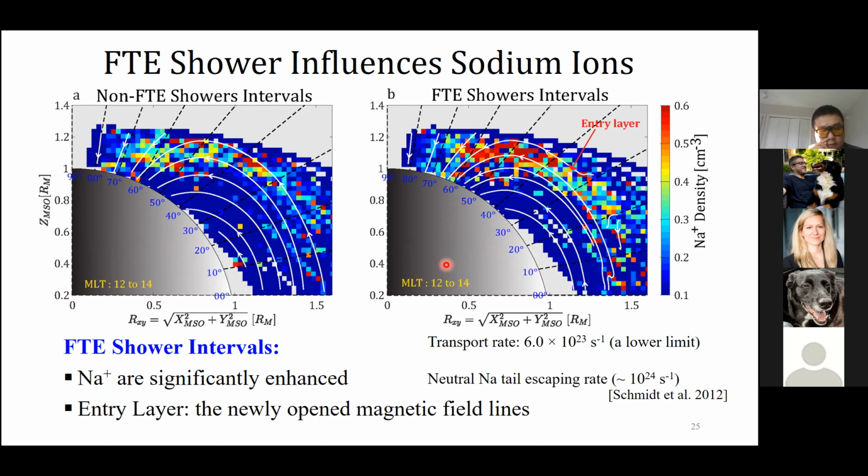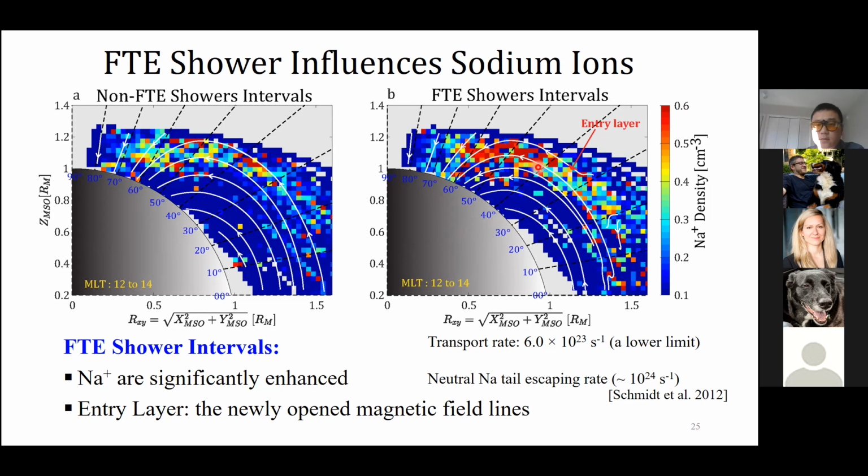What we can see from these two figures is that the sodium ions are clearly enhanced during FTE shower intervals. At the same time, we see that during FTE shower intervals there is an entry layer, as shown here. You see the magnetic field line; this is the open magnetic field line, and the sodium ions are mostly concentrated in the entry layer.